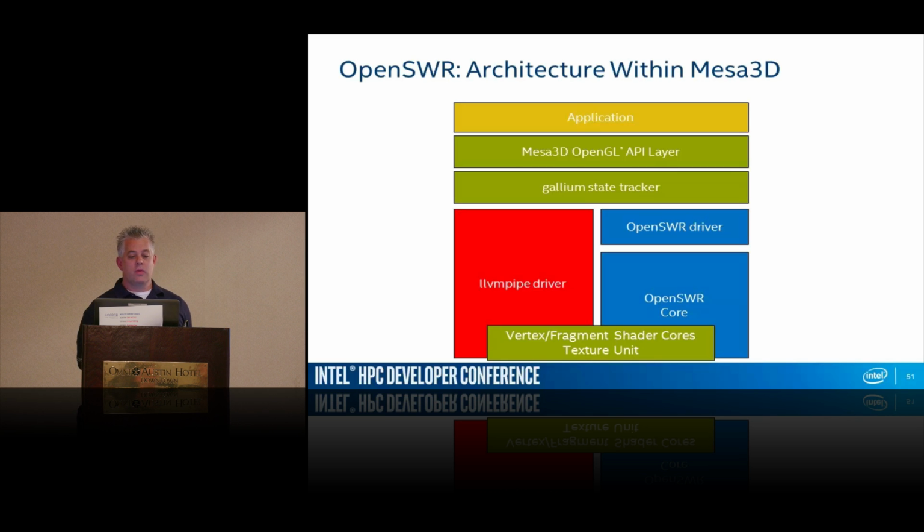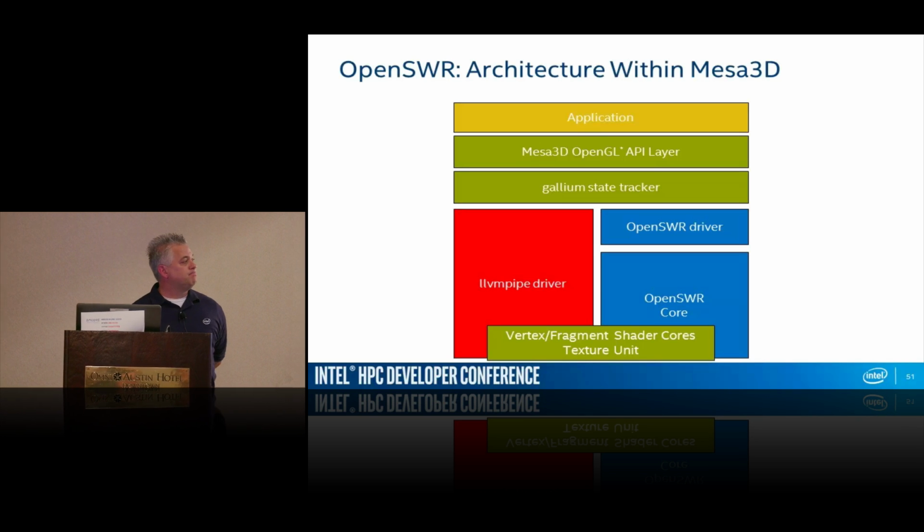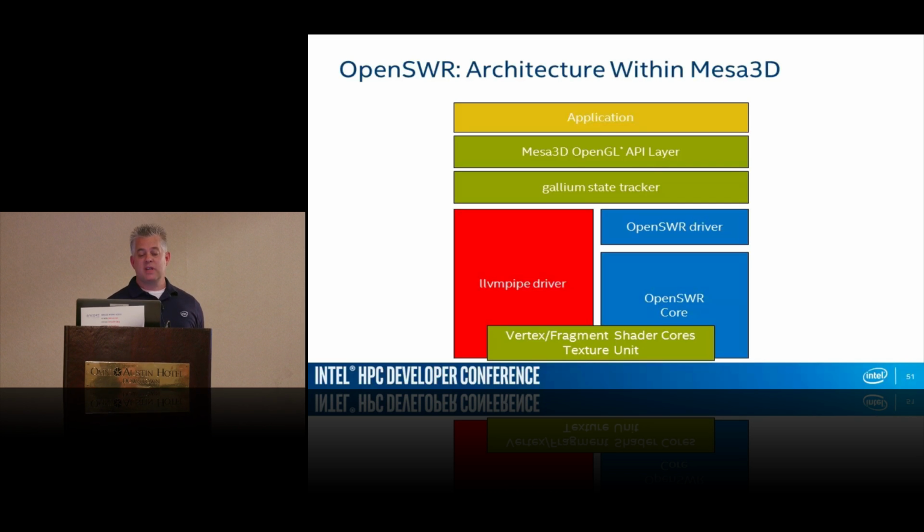And then on the right, we've got the OpenSWR driver sitting on top of the OpenSWR core. What we're showing at the bottom is that we are sharing code from LLVM pipe for vertex and fragment shader generation as well as the texture unit. So we're using the mature code that's already out there to help us generate those shaders.